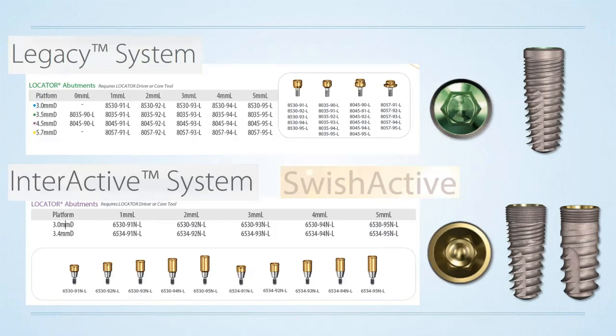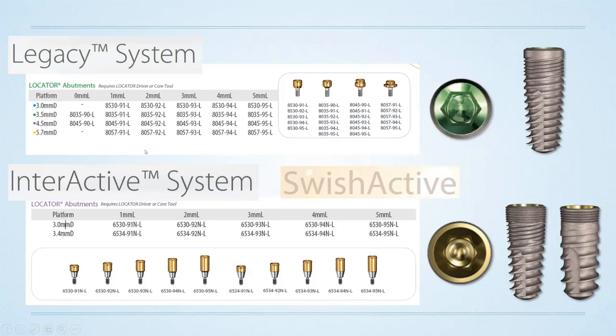Now, the Locator abutment is available for the vast majority of our Implant Direct systems. In my practice, I use the Legacy system, Legacy 2 or Legacy 3. And you can see here that they make the Locator abutment for the 3.0, 3.5, 4.5, or the 5.7 millimeter platform for Legacy.